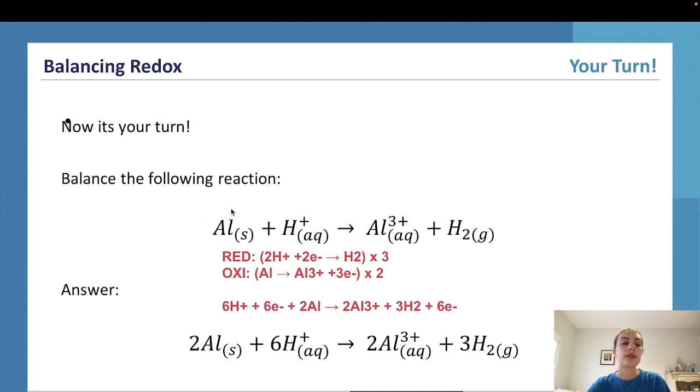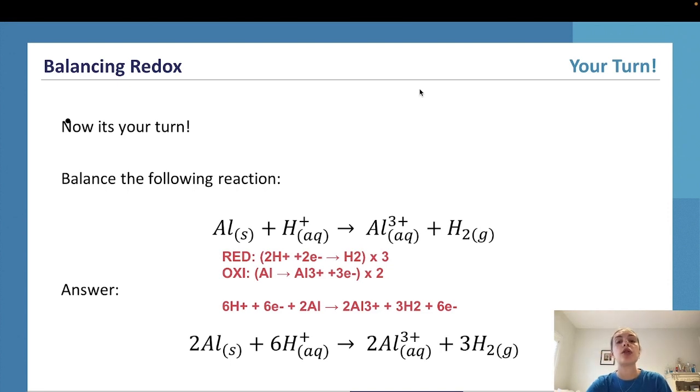So we've got aluminium, and it's going from 0 because we can see that it's solely made up of one element, that being aluminium. That's rule 1, and so it's going to have its oxidation number of 0.